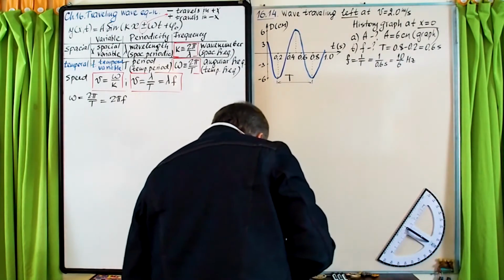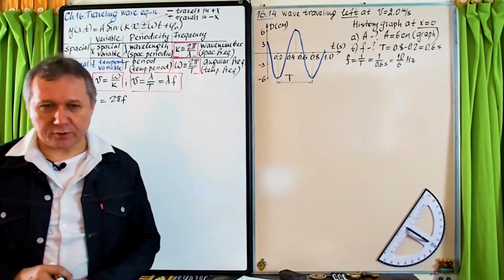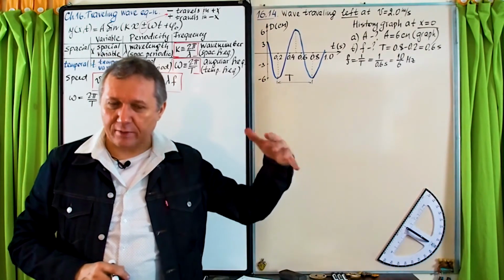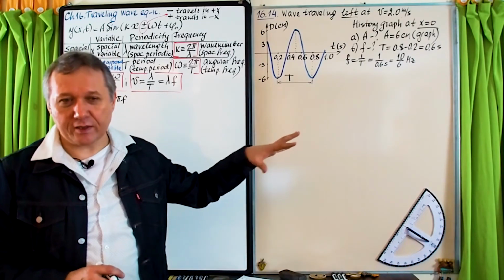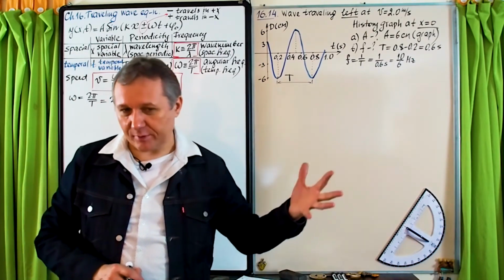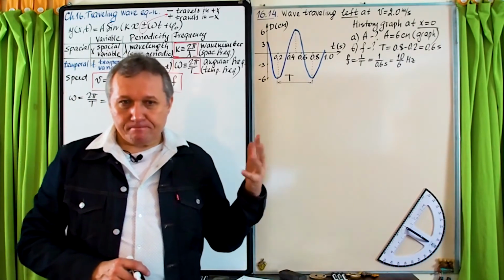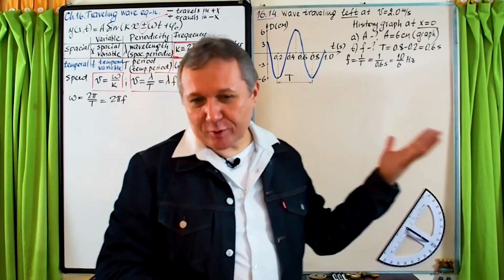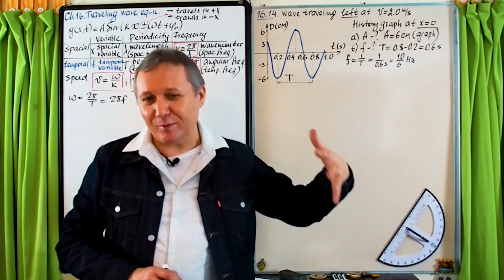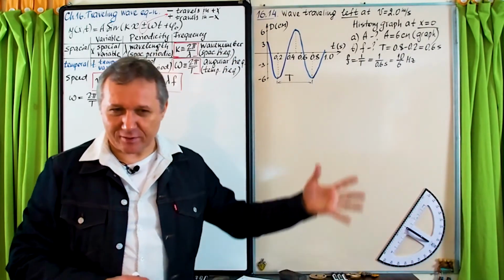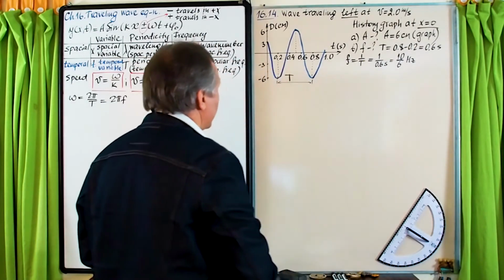I will just keep 10 over 6. I don't want to take the ratio because I would have to round to a certain number of significant figures, and later we will need this frequency. It's better to keep it this way, 10 over 6.